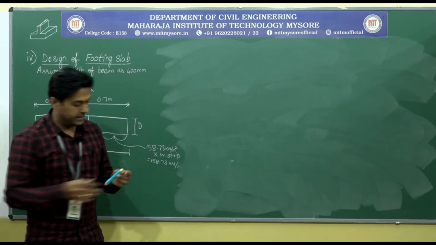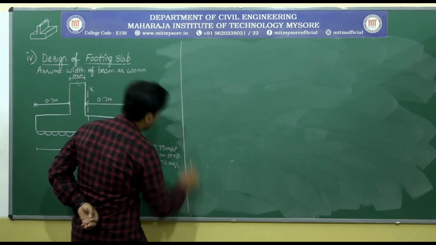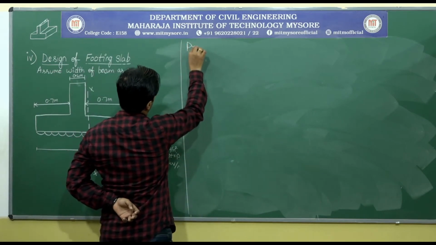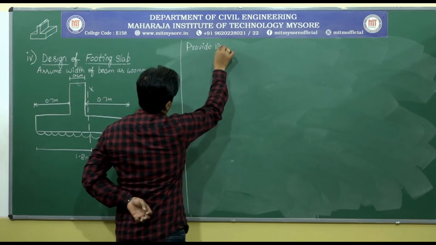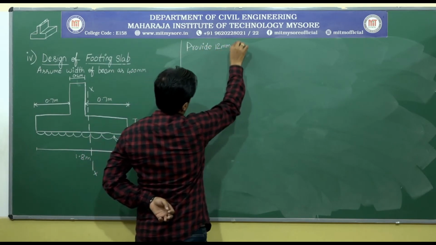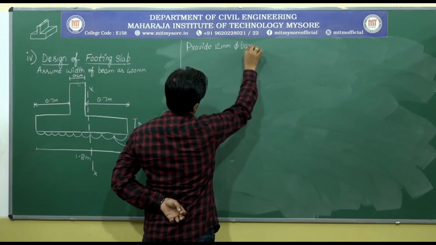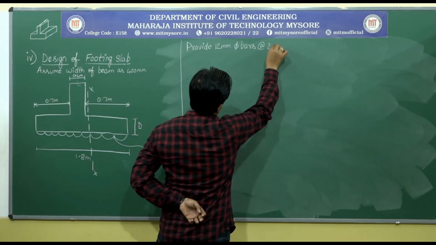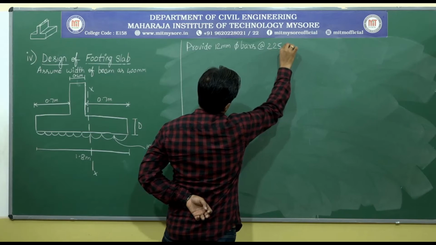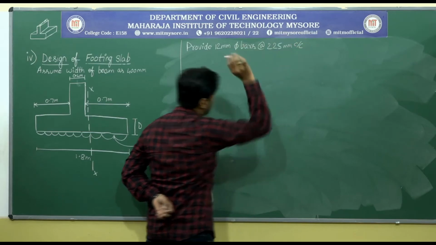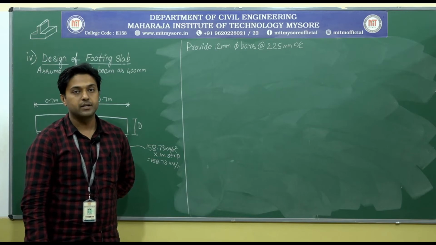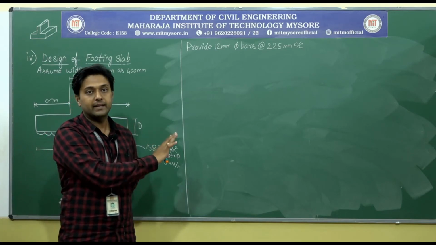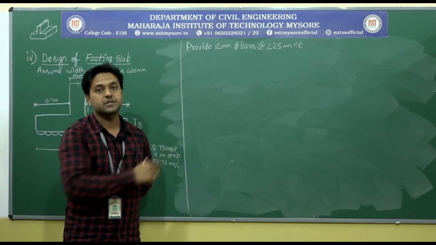So finally what we can do is provide 12 mm dia bars at 225 mm center to center. So now I have calculated the area of main steel and its spacing.